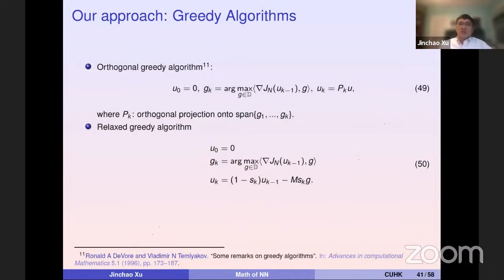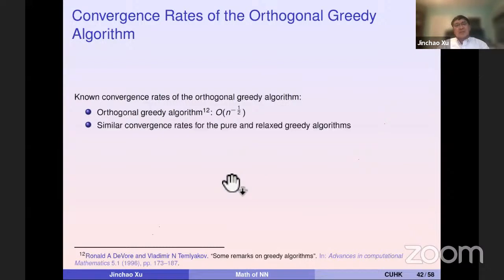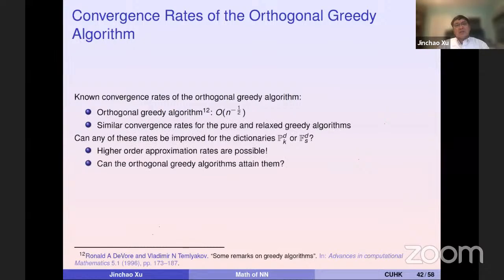There's quite a large literature in the statistical approximation theory community in different contexts. But for the orthogonal greedy algorithm, they usually get n to the negative half. There's also the relaxed greedy algorithm and all that.